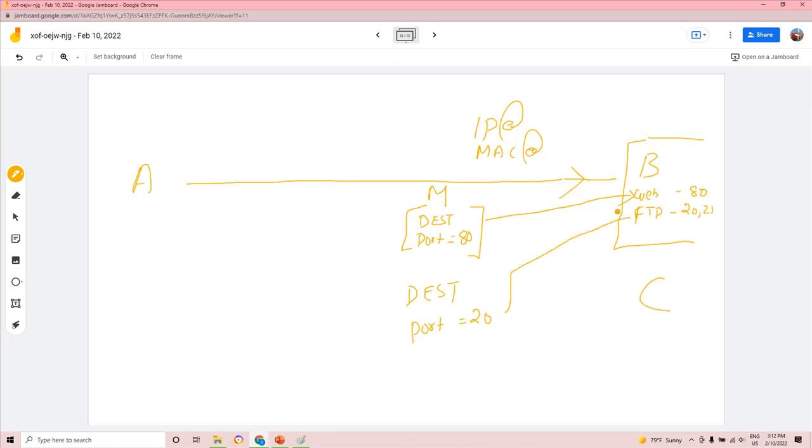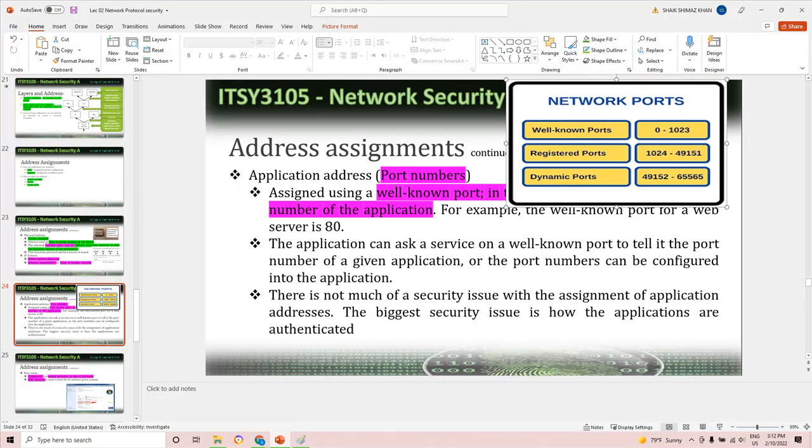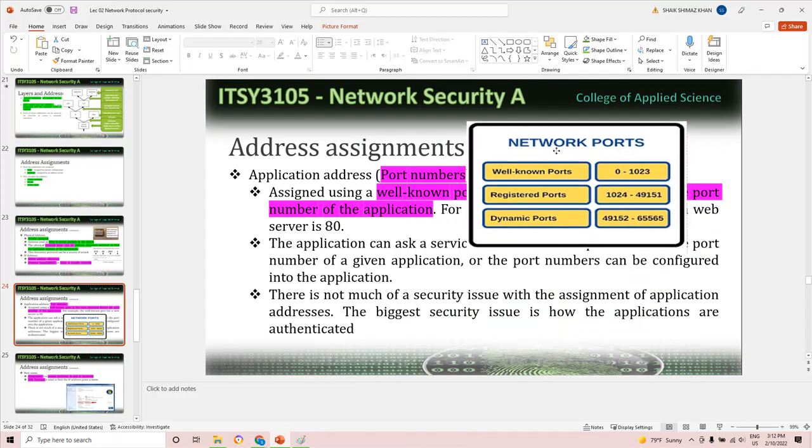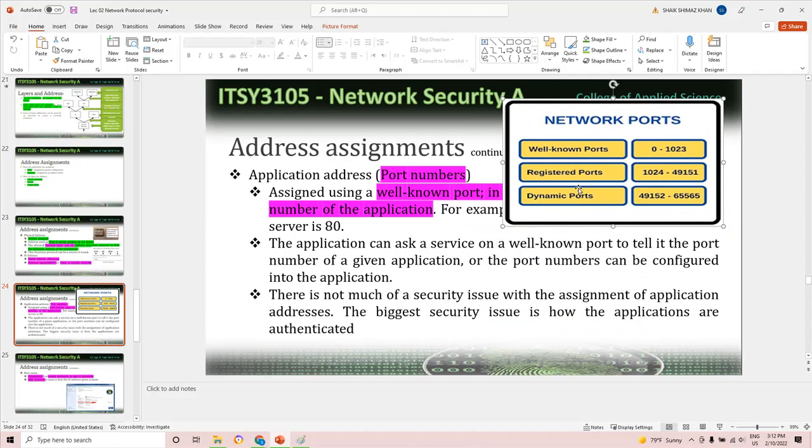So this is the application address, port numbers. Okay, port number basically is classified into three categories.